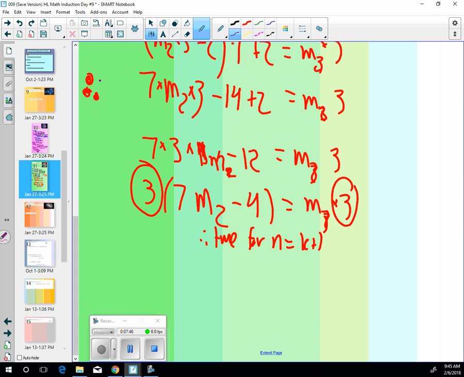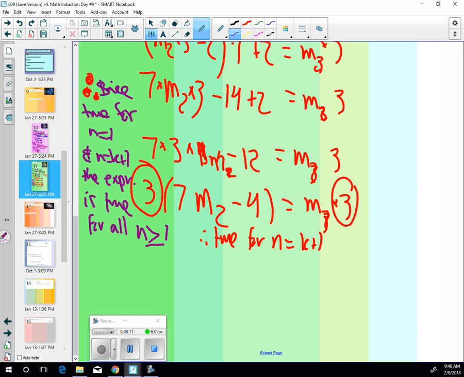And you say, therefore, since true for n equal to 1 and n equal to k plus 1, the, I guess you'd say, expression is true for all n greater than or equal to 1, because we started with 1, by math induction.